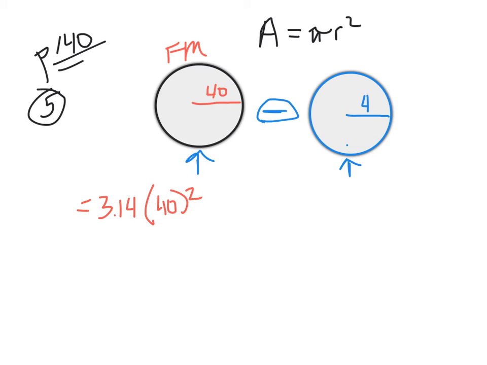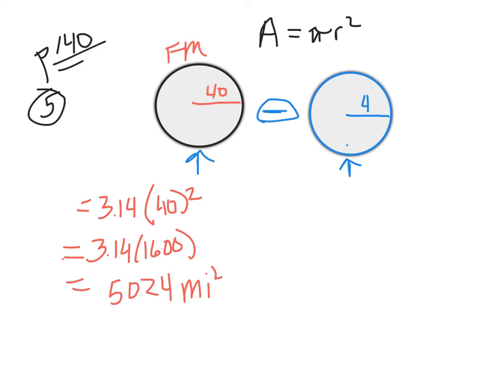Okay, so 40 squared is 1,600. And then you multiply that times 3.14, and you're going to get 5,024. So the FM radio station covers 5,024 miles squared, technically.